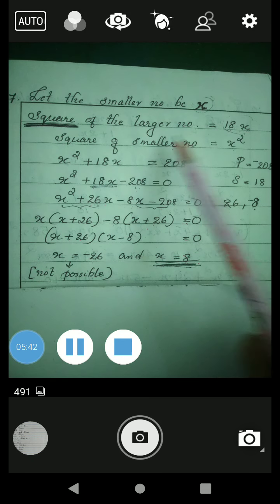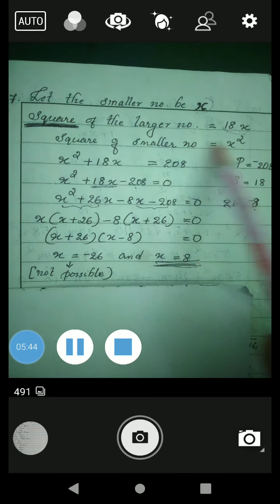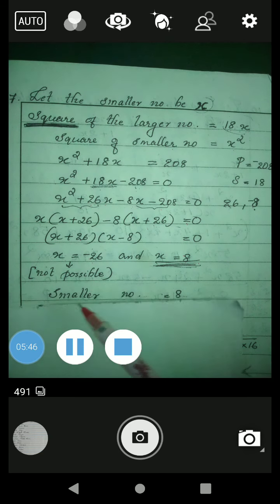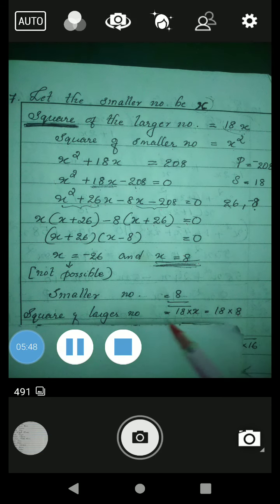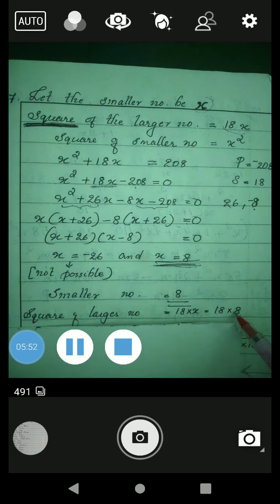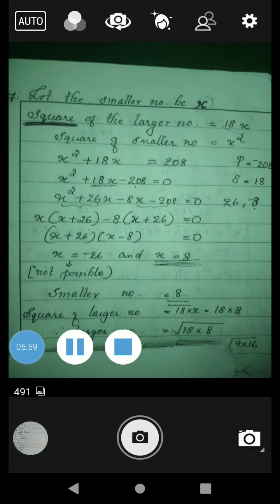Here we know the square of the larger number is 18x. So you can write the square of the larger number is 18 into x. That is 18 into 8. What is the larger number? Just take the square root. So, 18 into 8.